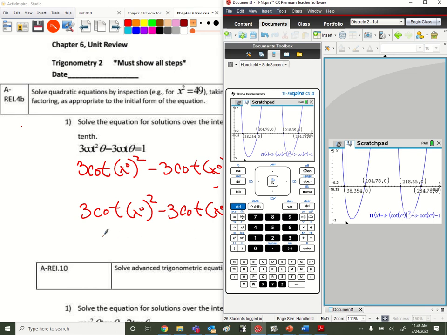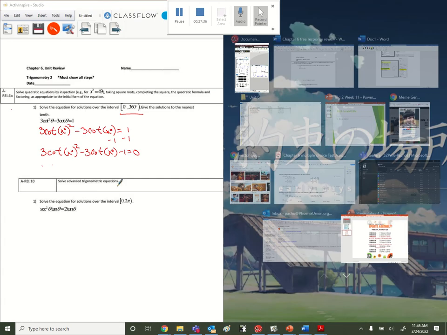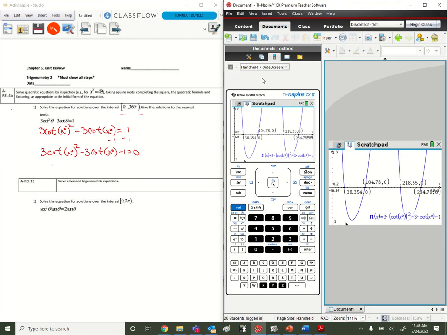38.4. Actually, it's 38.4. Next one's going to be 104.8.